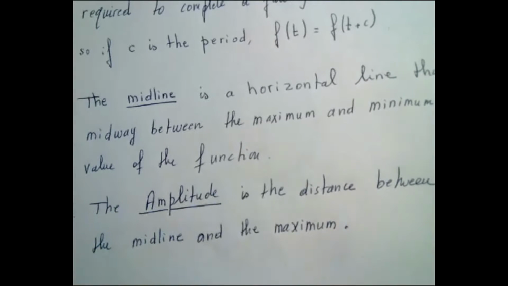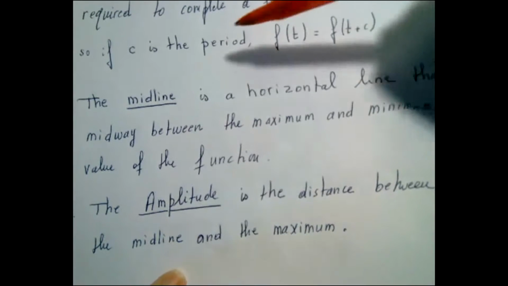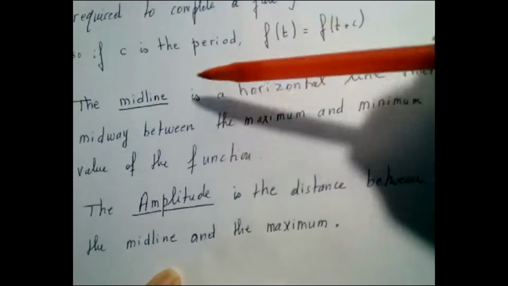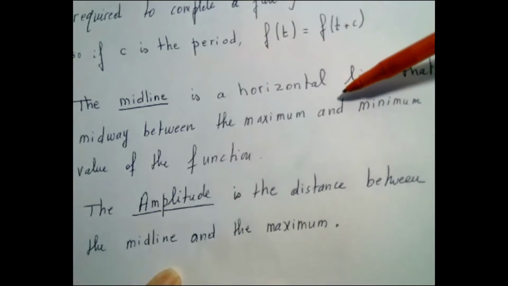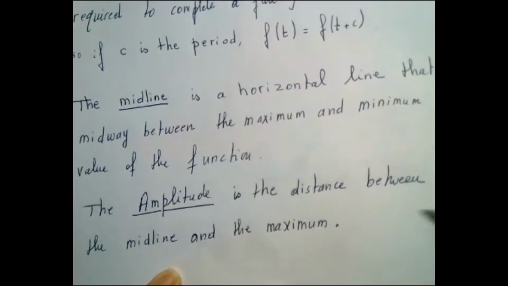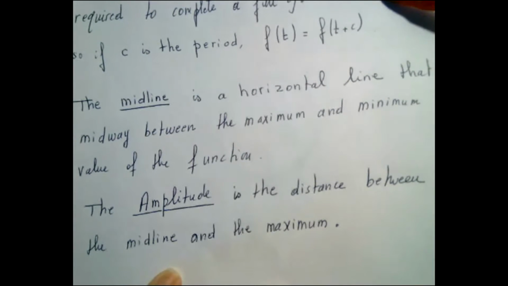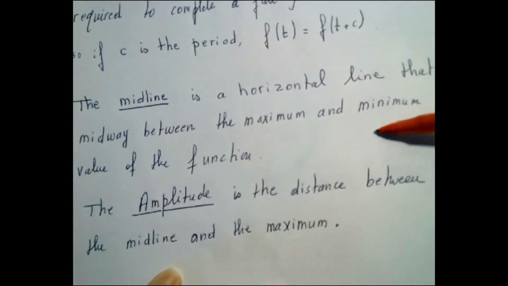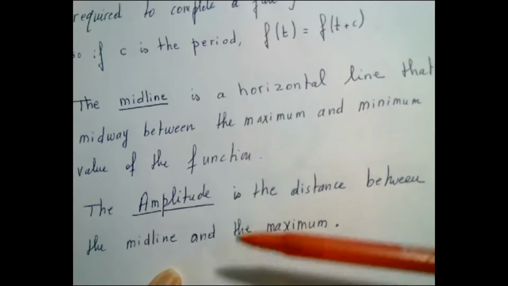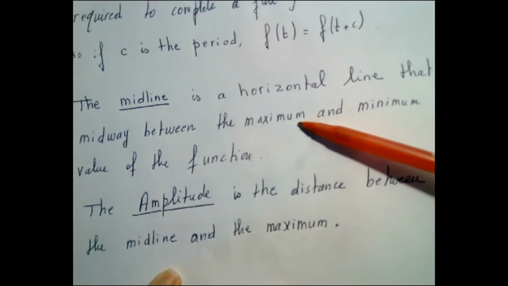The midline is a horizontal line that is midway between the maximum and minimum value of the function. It's a line located halfway between them. And the amplitude is the distance between the midline and the maximum.